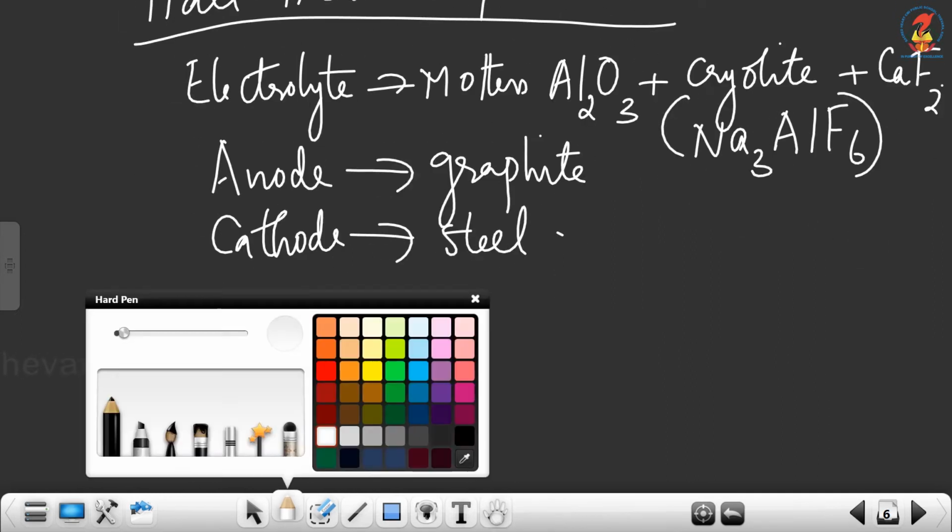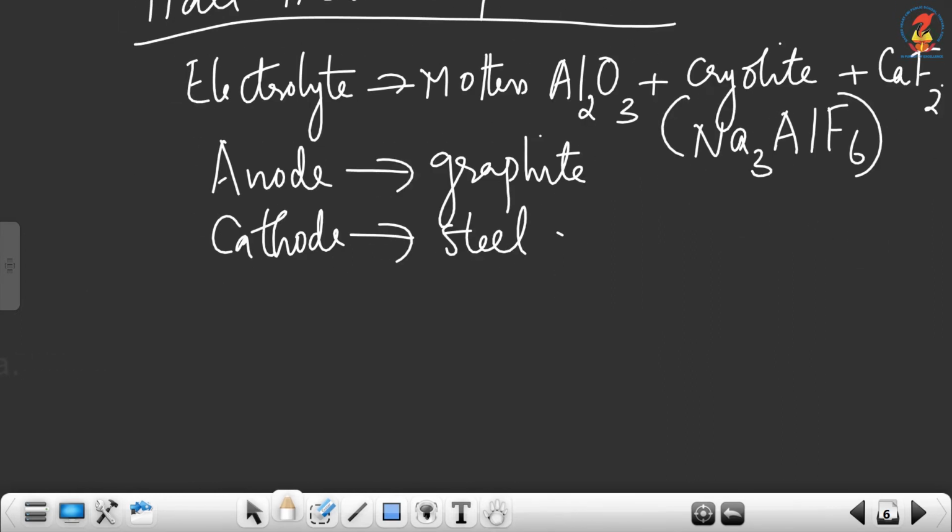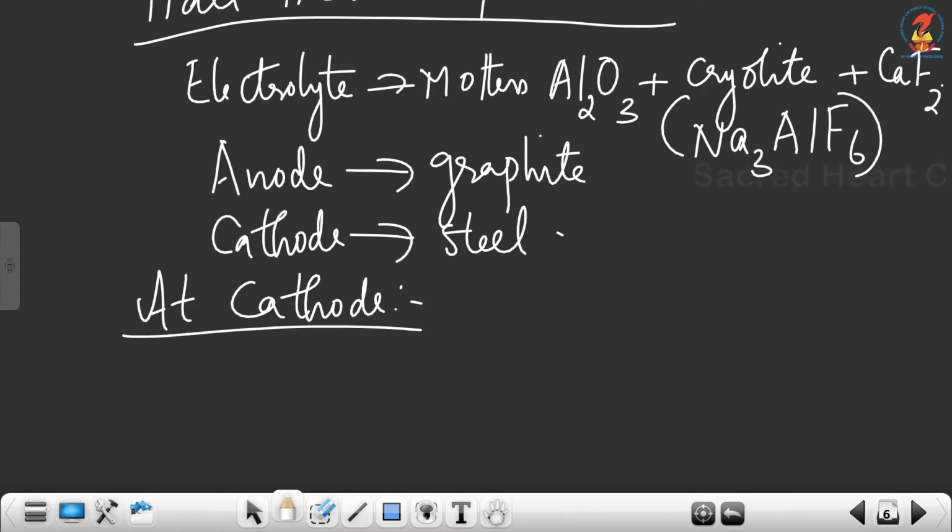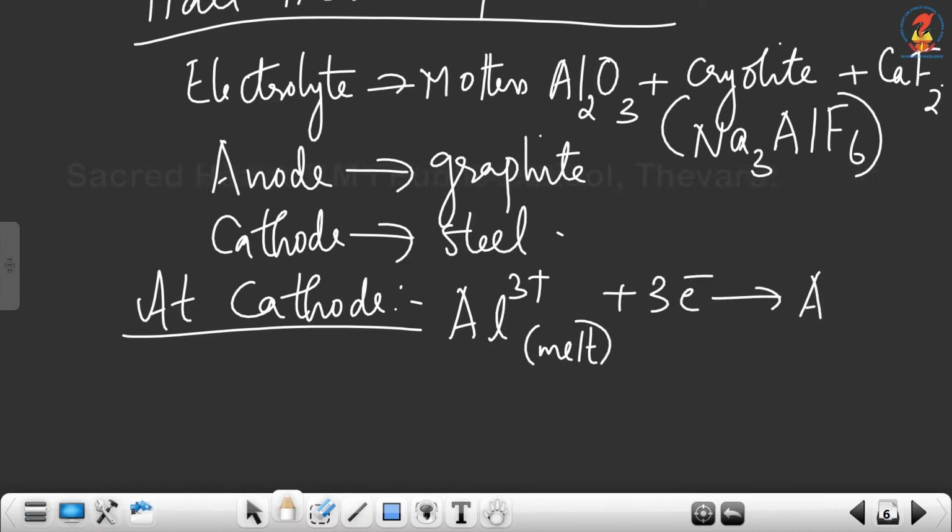Now let us see the reactions taking place at anode, cathode and overall reaction. Now the reaction at cathode, we know that at cathode reduction takes place. So the reaction at cathode is reduction of aluminium Al3+, it is in the molten state. So you have to write the word melt plus 3 electrons, you get aluminium in liquid form.